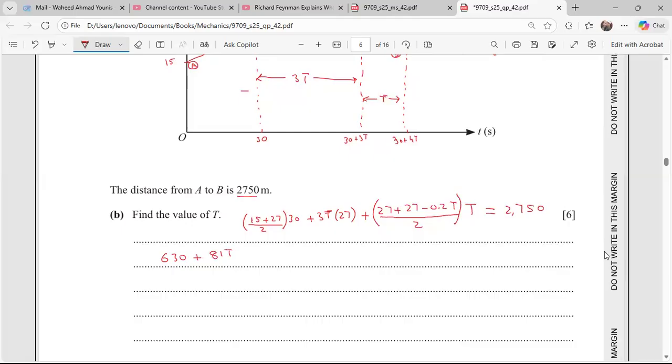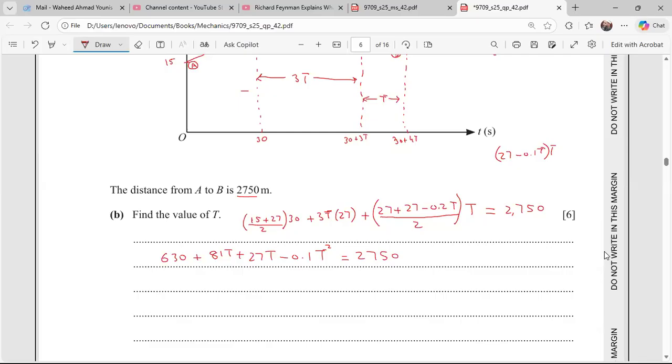And this one, you can see, 27 plus 27 divided by 2 is going to be 27, and minus 0.1 t, and this is being multiplied by this capital T. So if I open this bracket, it will become plus 27t and minus 0.1 t square, and this is all equal to 2750.